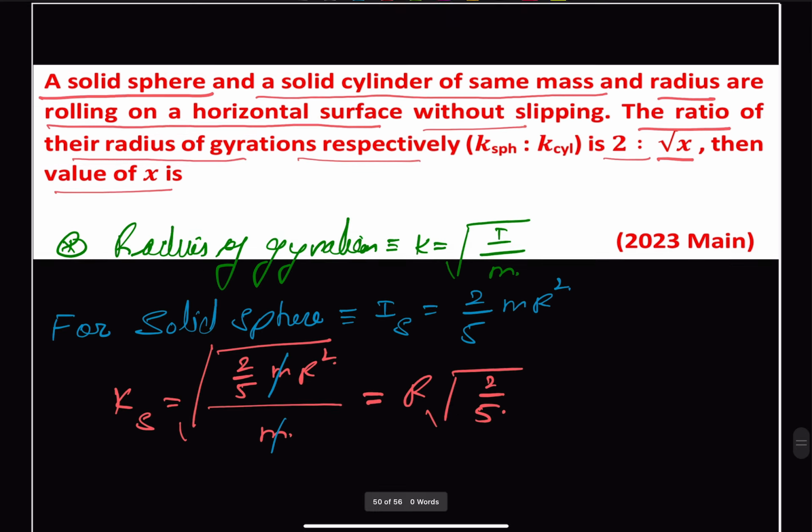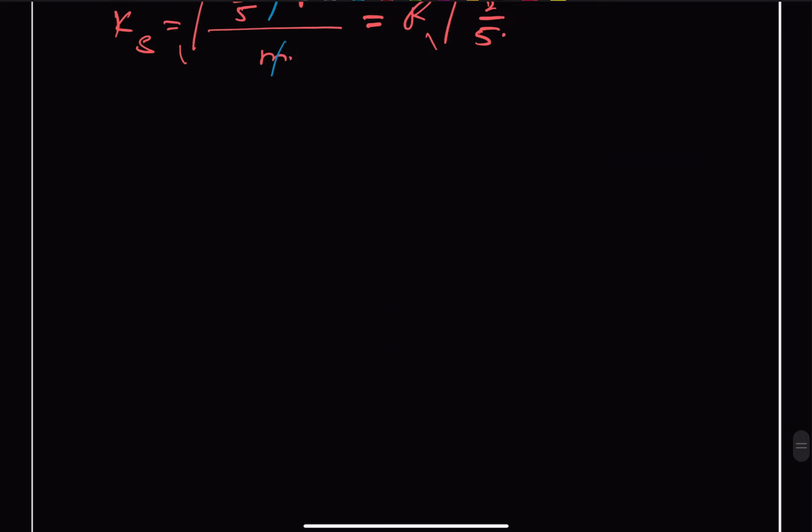And next is our cylinder. So for the solid cylinder, let us call this I_C, it is equal to 1 by 2 mr square.